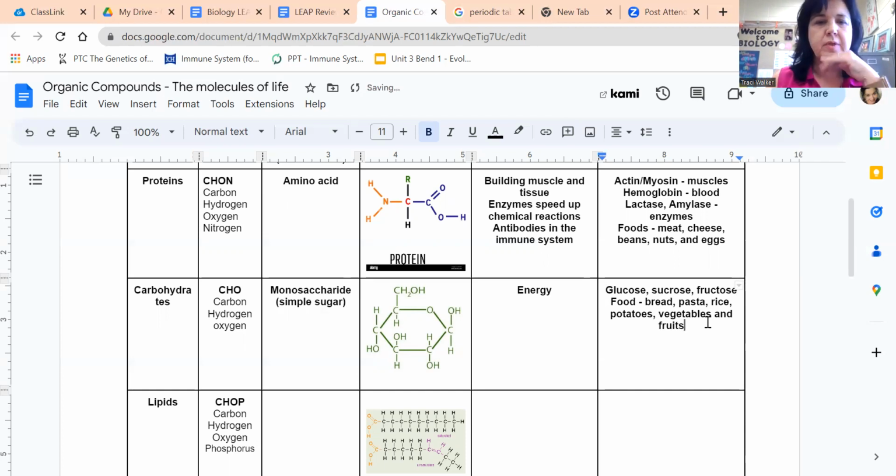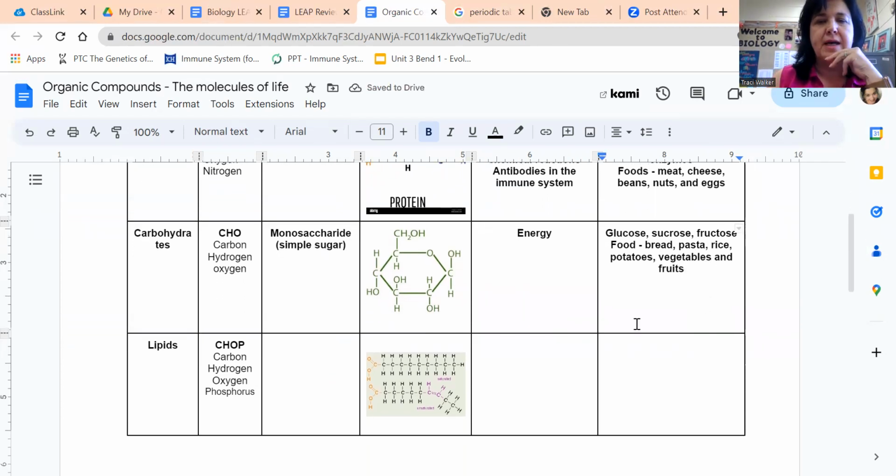Okay. All right. The third macromolecule, like I said, there's 4 macromolecules in living things, are lipids. Lipids contain carbon, hydrogen, oxygen, and phosphorus. So the acronym for lipids is CHOP.